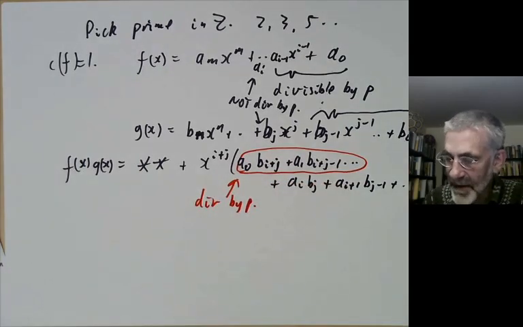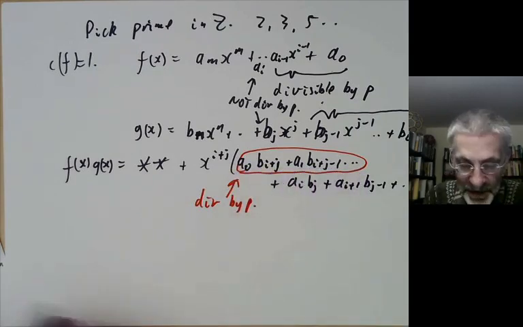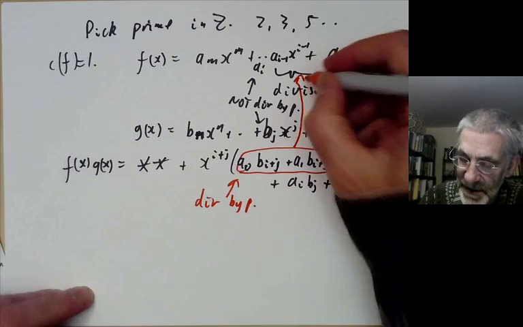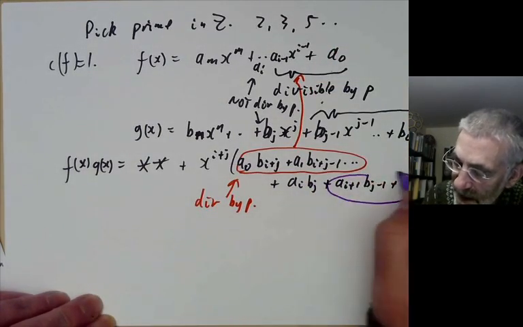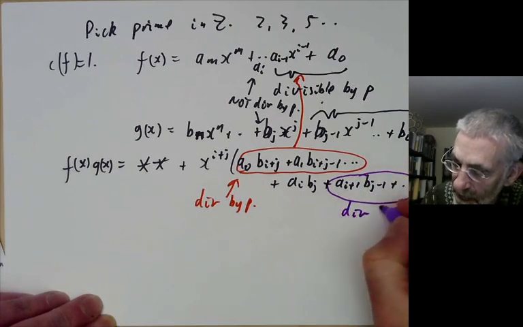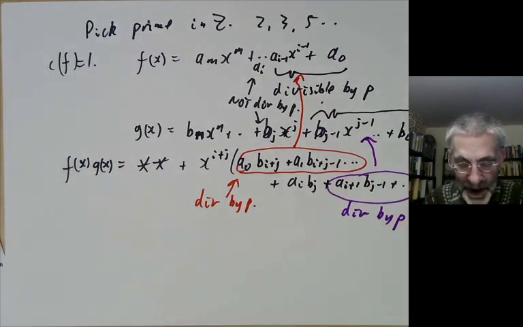And that's because a_0 up to a_{i-1} are divisible by p. So that follows from this thing here. And on the other hand, all these things here are also divisible by p because all the b's beyond b_j are divisible by p.